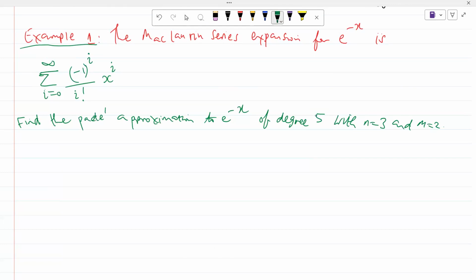Right, so we have this. Then what is the solution to this? Find the Pade approximation to e to the minus x of degree 5 with n equals 3 and m equals 2. How do we solve this one? Okay, this is quite easy.